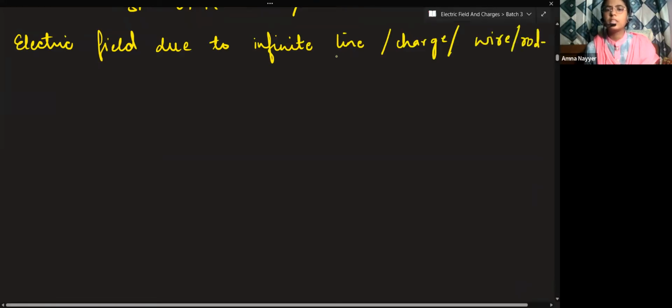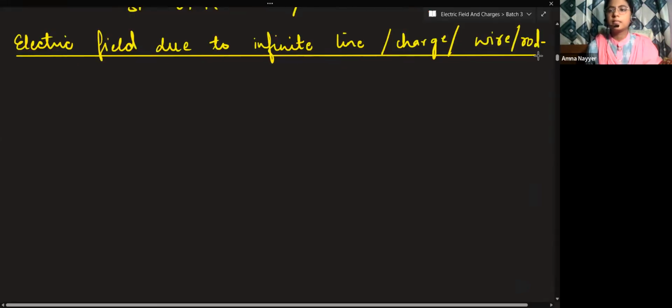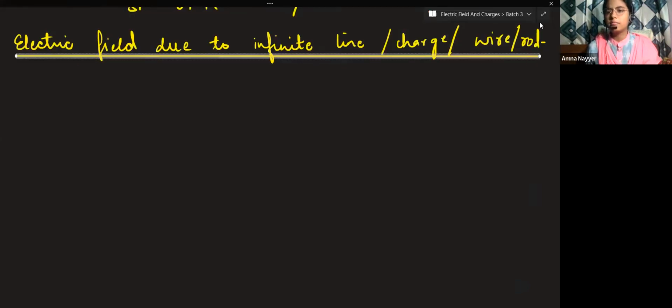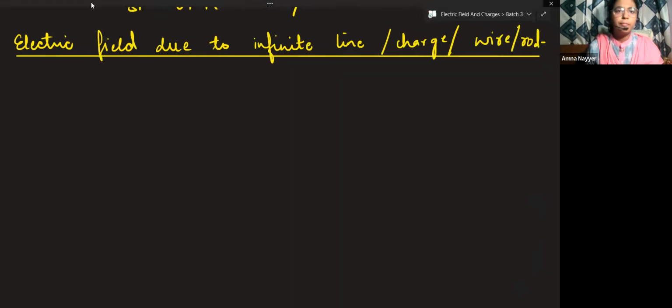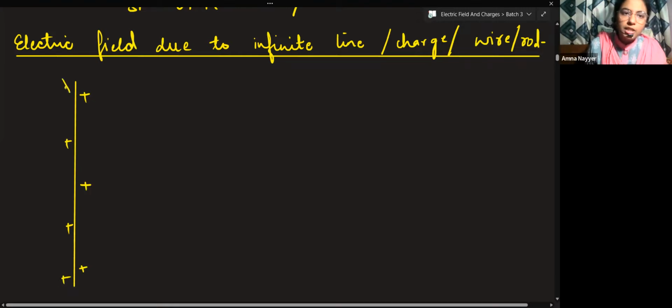Basically, let's say you have a wire with you. Now this wire has certain charge around itself. The linear charge density is lambda.